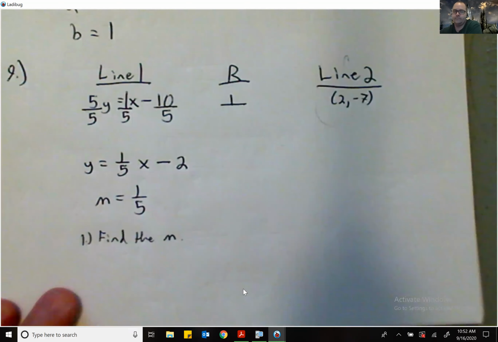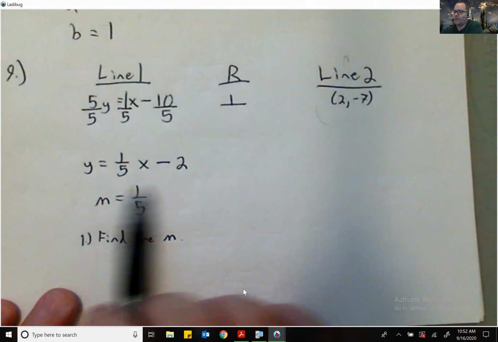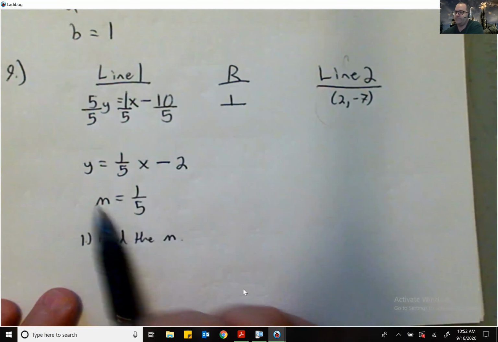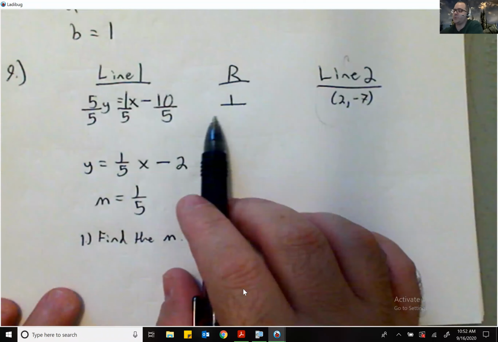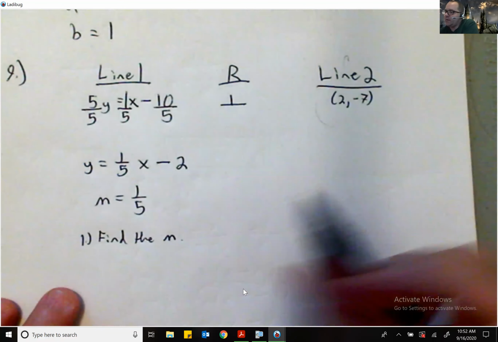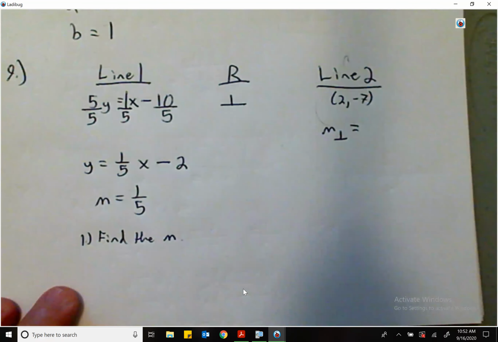Okay? Now, what do I do with the slope of 1/5? You put it in perpendicular. Okay, so I'm going to transform it into a perpendicular slope, because that's the relationship.